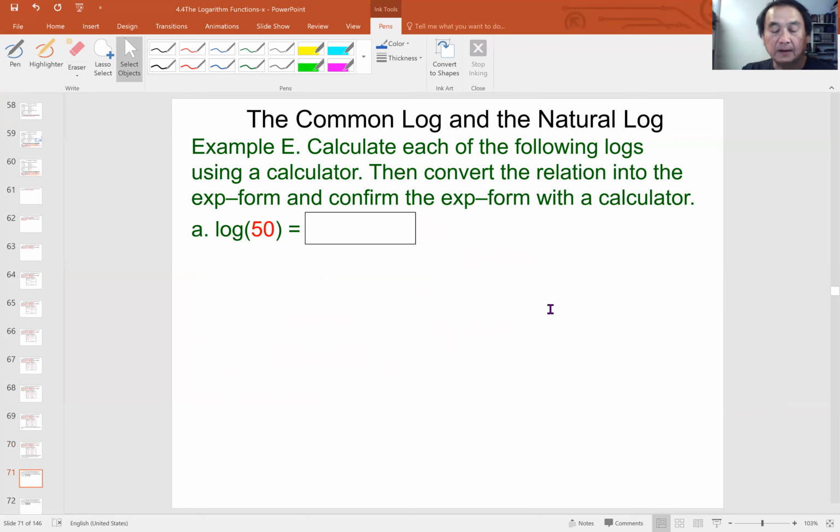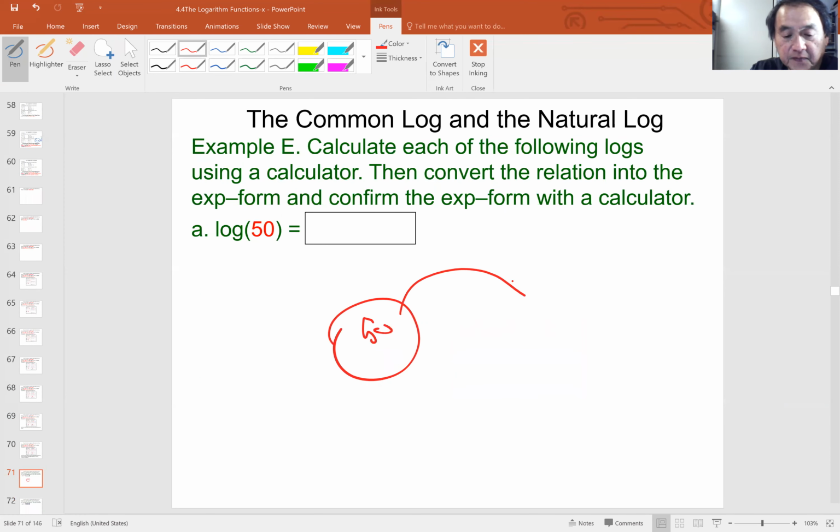Again, the log and the exponential, taking power, form an inverse pair. Here's 50. We're going to feed 50 into log base 10, let me just emphasize, and I'm going to get a number.